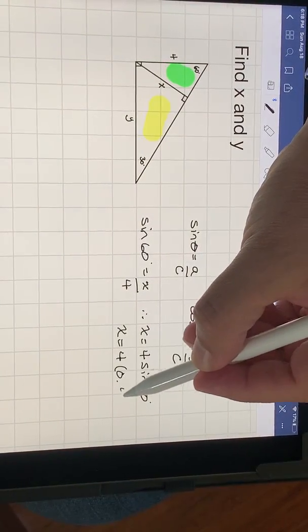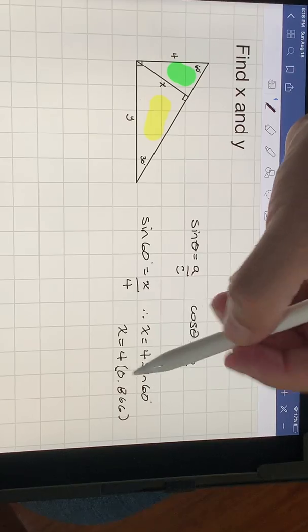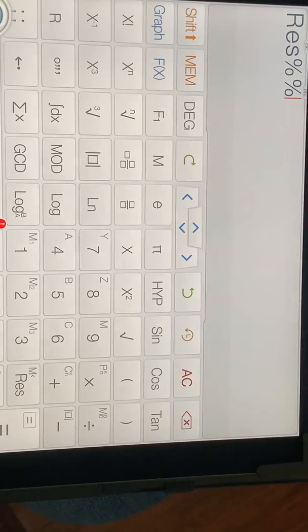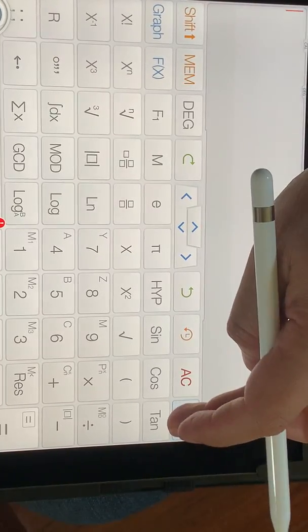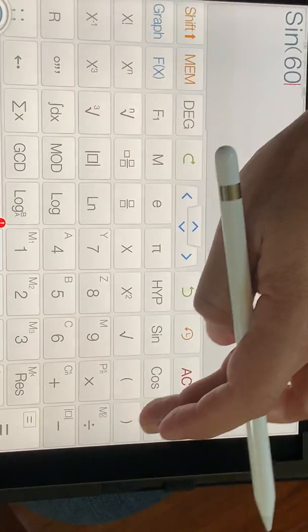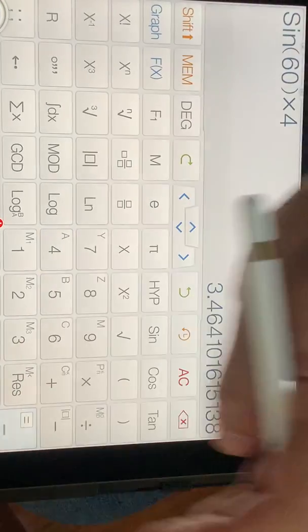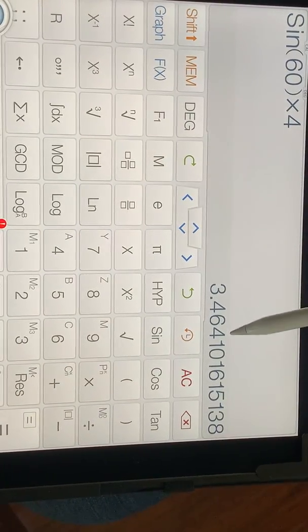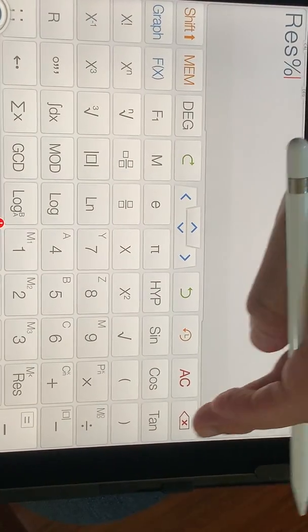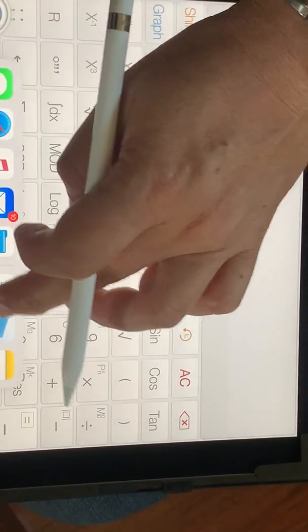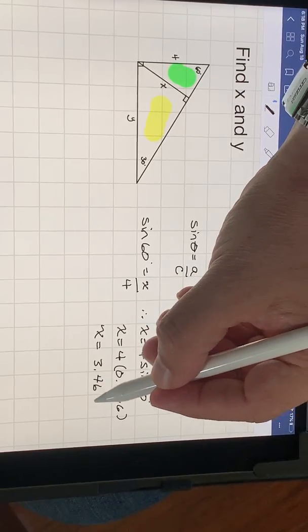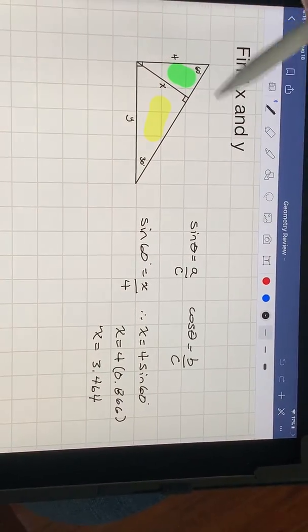So that means that x is going to be sine 60 times 4. So it's 3.464. So x equals 3.464.